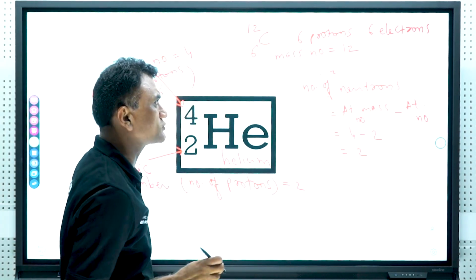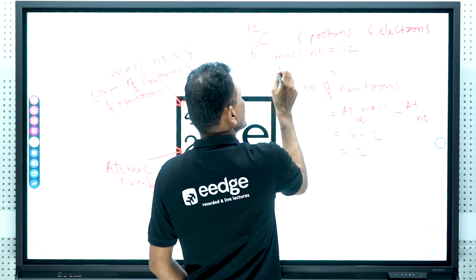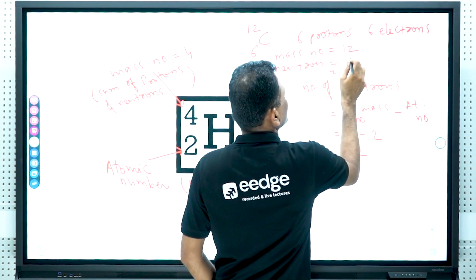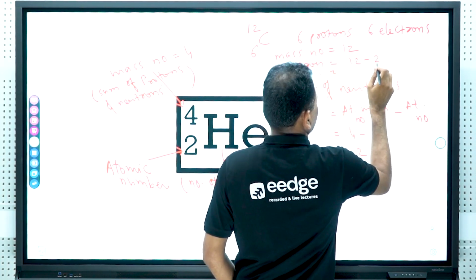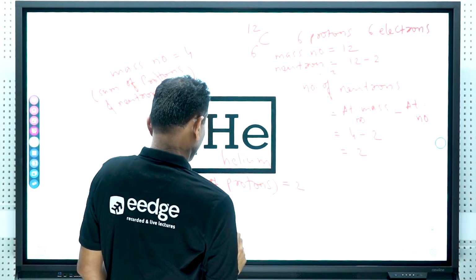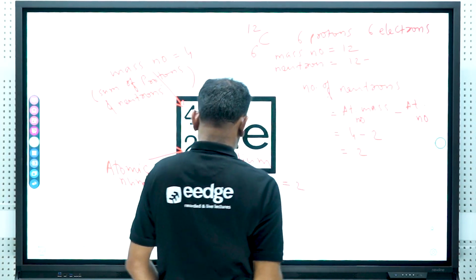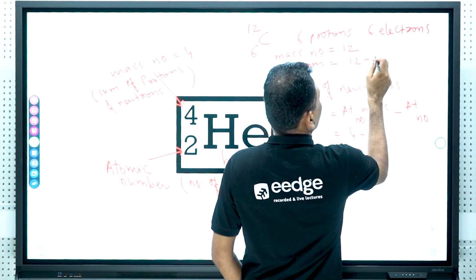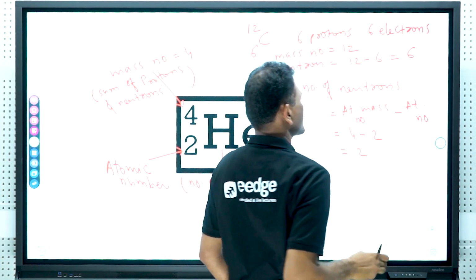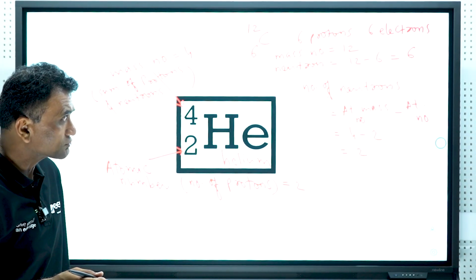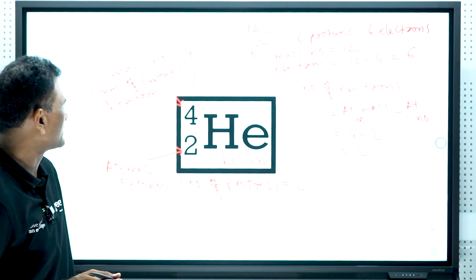The sum total of protons and neutrons is 12. So from this we'll get the neutrons, and number of neutrons is mass number minus atomic number, and this also gives us 6. Okay, so carbon has 6 protons, 6 neutrons and 6 electrons, right?